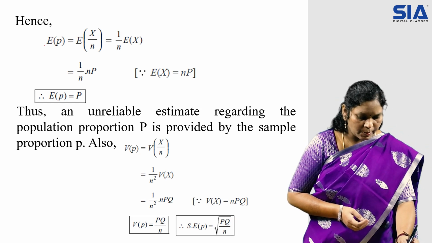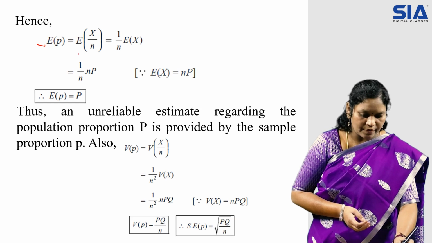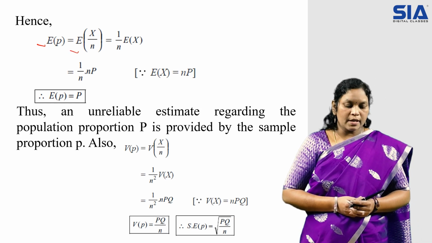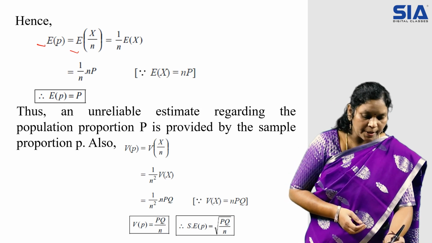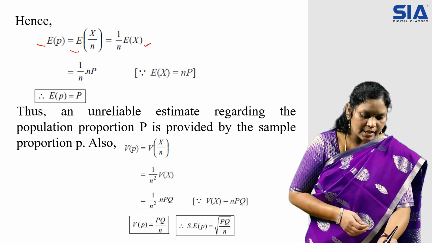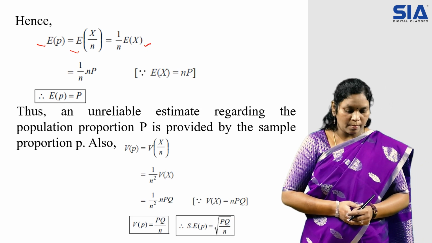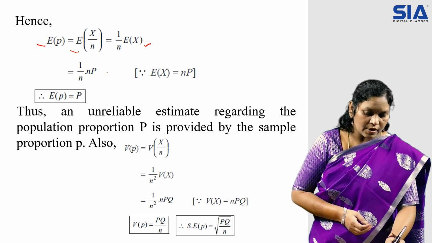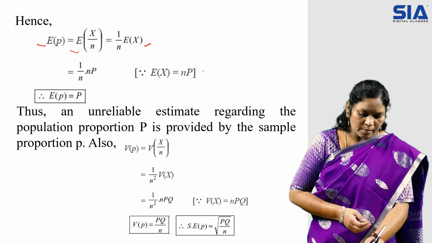Hence expectation of p will be expectation of x by n. P is x by n. Just now we considered x by n as p, so I have substituted here. Now take 1 by n outside the expectation, so 1 by n remains outside and E of x as it is. Now E of x is the binomial mean.